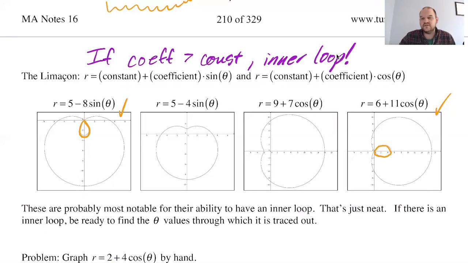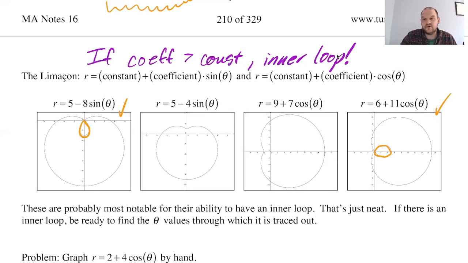Other things to notice though. If the constant is bigger than the coefficient, then you will not get an inner loop. That's kind of the opposite of that. And then they're working the same as our circles that were centered on an axis tangent to the origin.